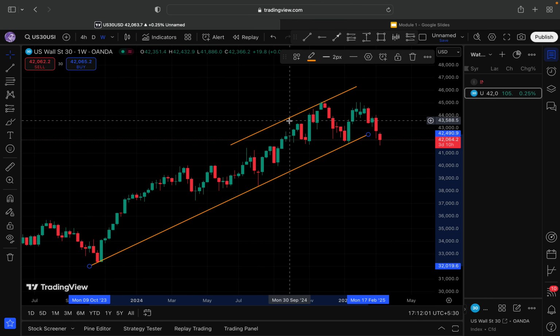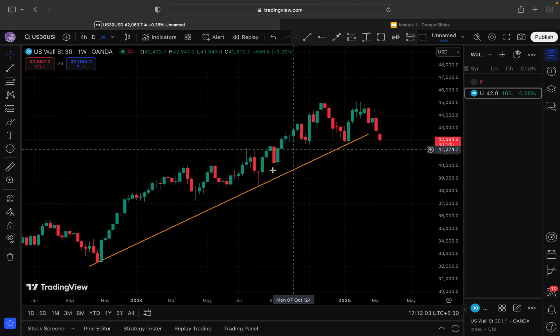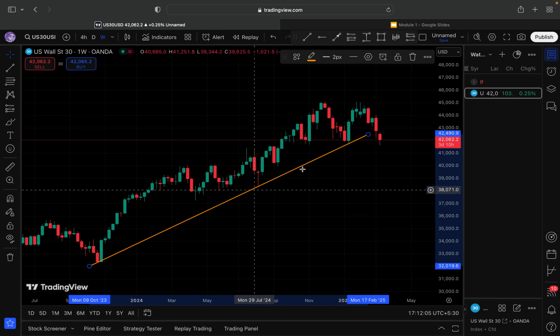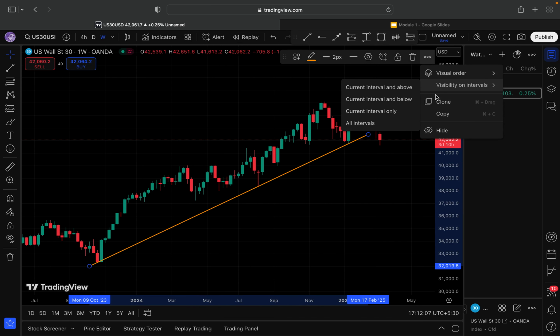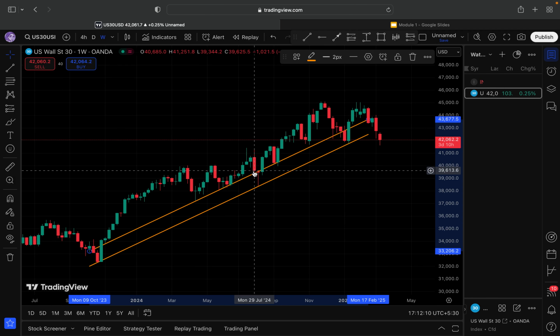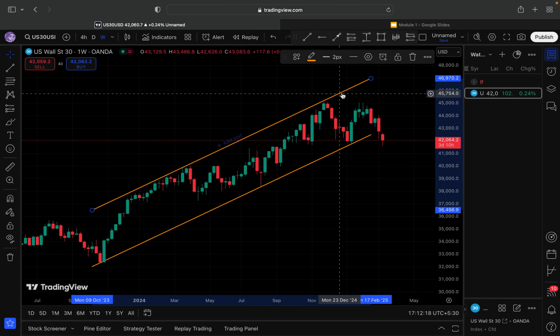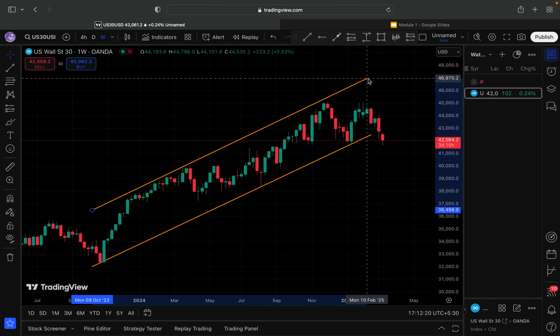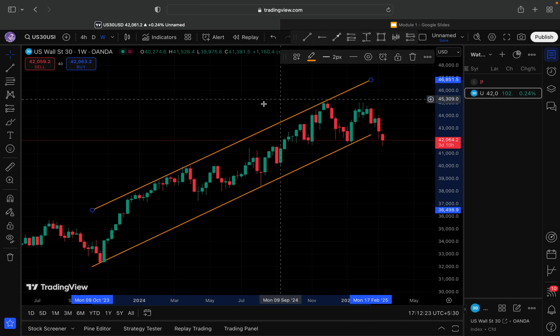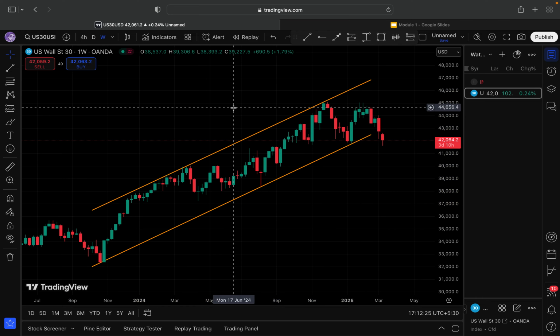So as you can see, this is the recent touch on the weekly time frame, and you clone it and you drag and drop it here. Like I said, the lines are not always perfectly parallel, but it is good to know that if it looks like it, you have to trade it.